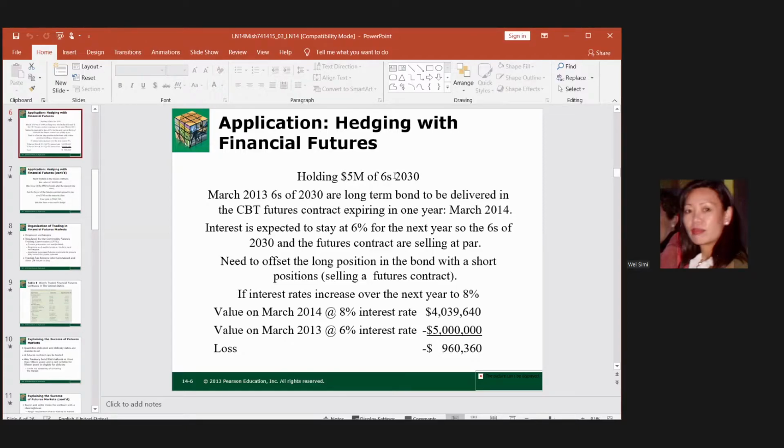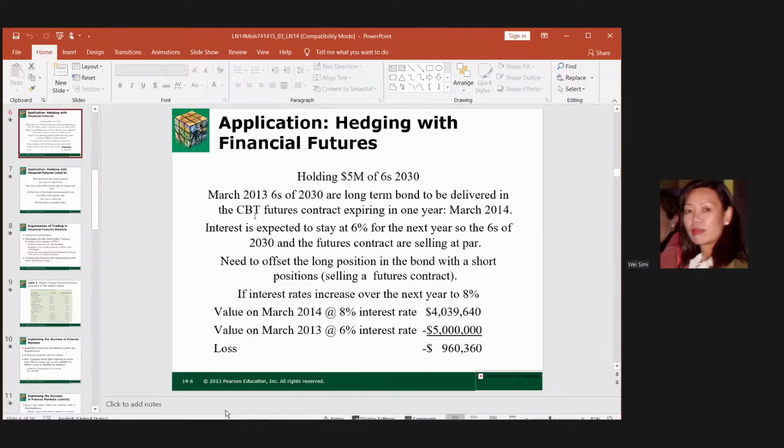So this is the bond price, the coupon rate, and the maturity. Assuming today is March 2013, and the bond matures in 2030, that means this bond has 17 years to go. So our long-term bond has 17 years to maturity, right?